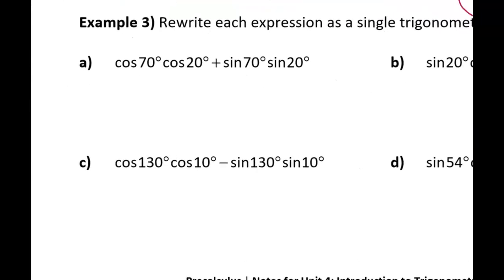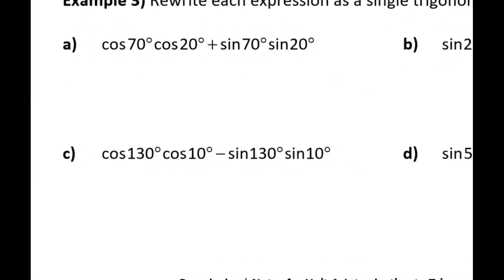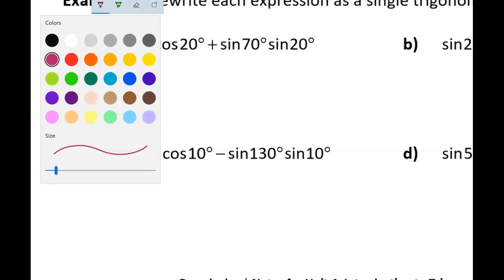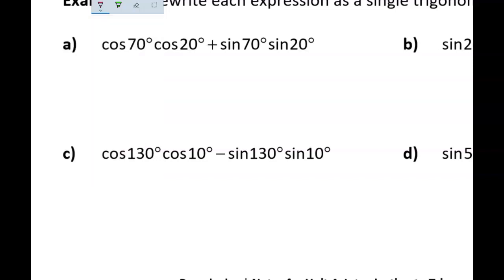All right, in example 3, we're going to utilize these identities to rewrite each of these expressions as a single trig function. So it looks more complicated than it is.